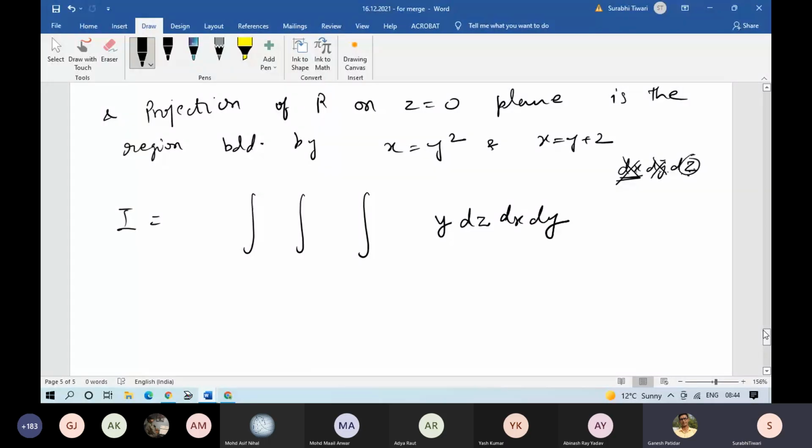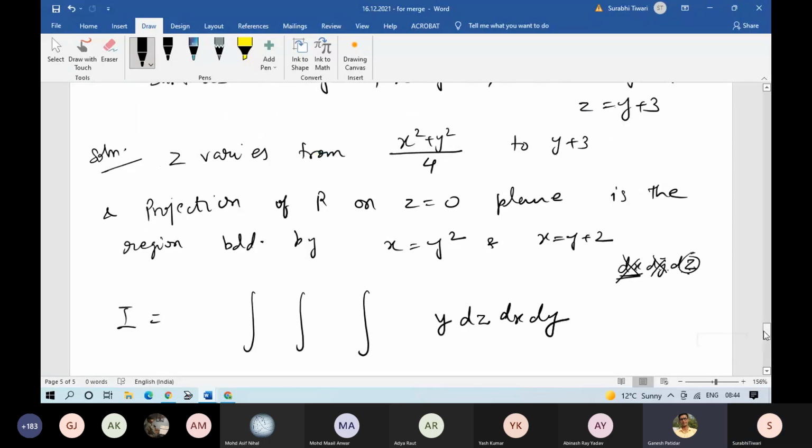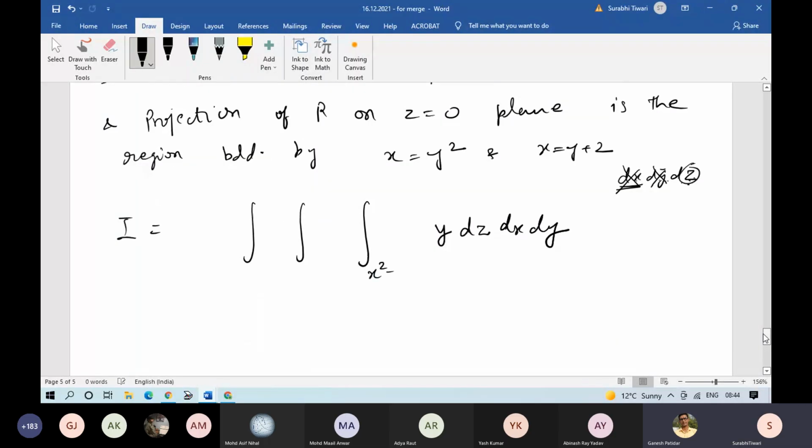Okay, so z in terms of x and y, we have written from this curve to this curve. So the value of z depends on x square plus y square by 4, to y plus 3.